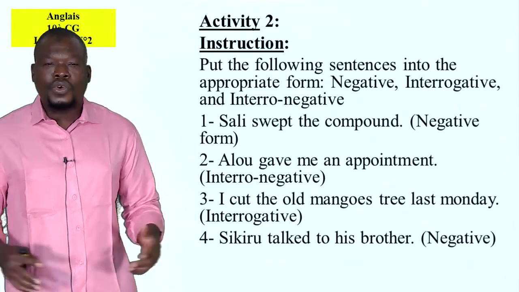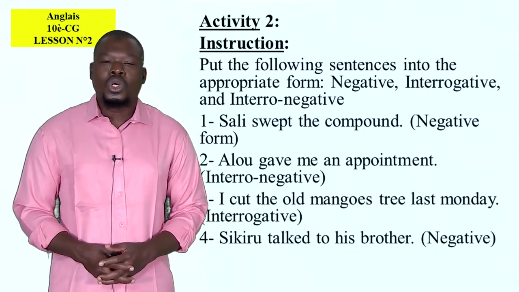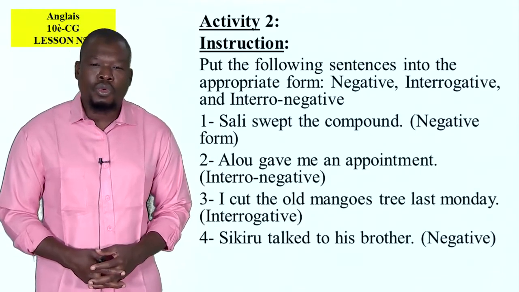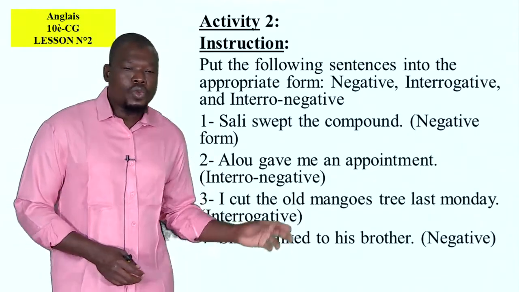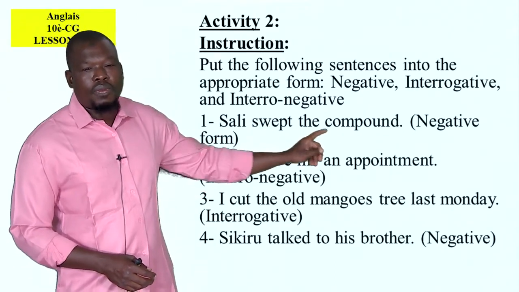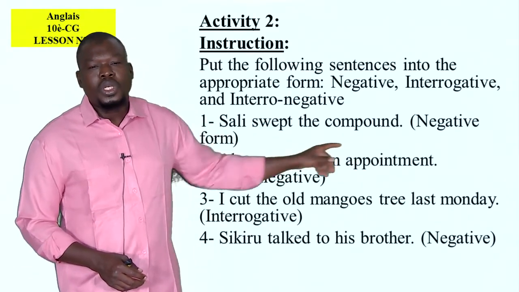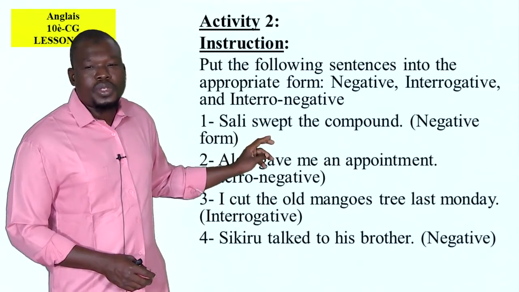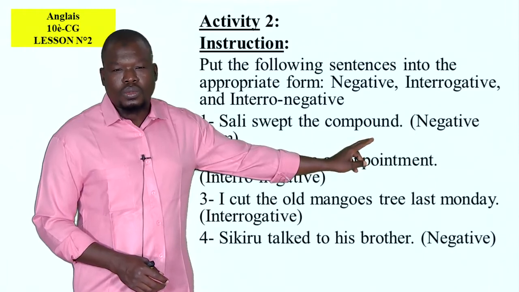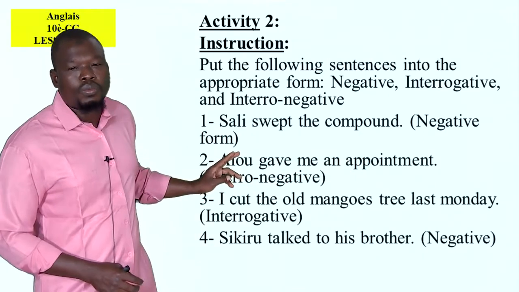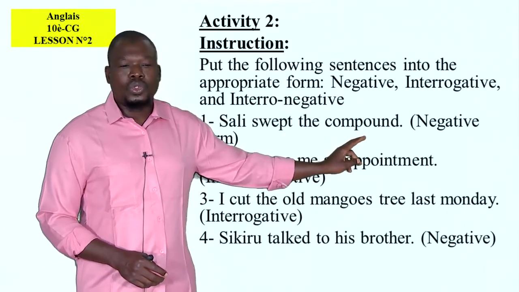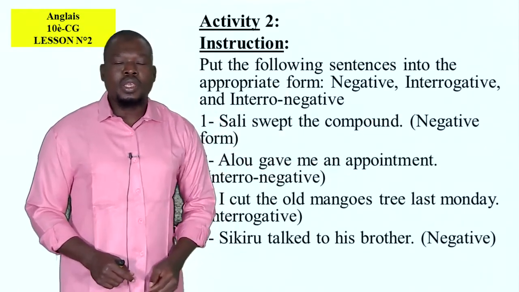We have 4 sentences here to put in the correct or appropriate form. The first one, Sally swept the compound. This is the affirmative form. You have to put it in negative form.